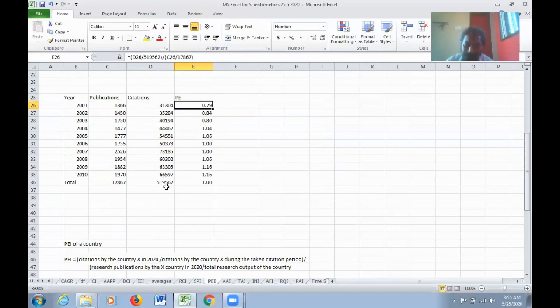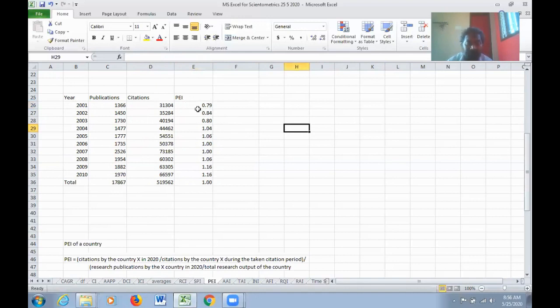That is the total citations of all the papers in all the years taken together. This is the first part of the formula, divided by C26. What is that? Number of papers published in 2001 divided by 17867. What is that? Total papers published in all the years taken together. Here you'll get the publication efficiency index of 0.79.